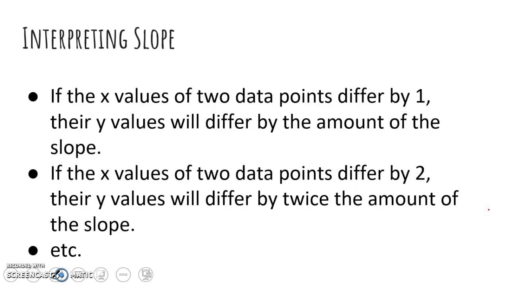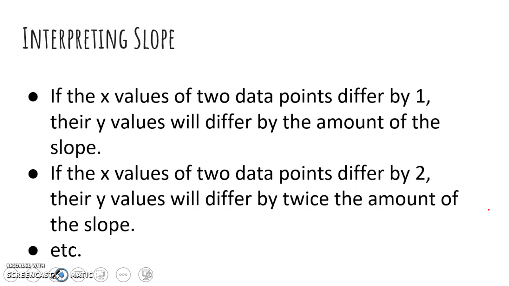If the x values of the data points differ by 2, then their y values will differ by 2 times the slope, or twice the slope. And it says etc. So that means if the x values of two data points differ by 3, their y values will differ by 3 times the slope. If the x values of two data points differ by 4, then their y values will differ by 4 times the slope.